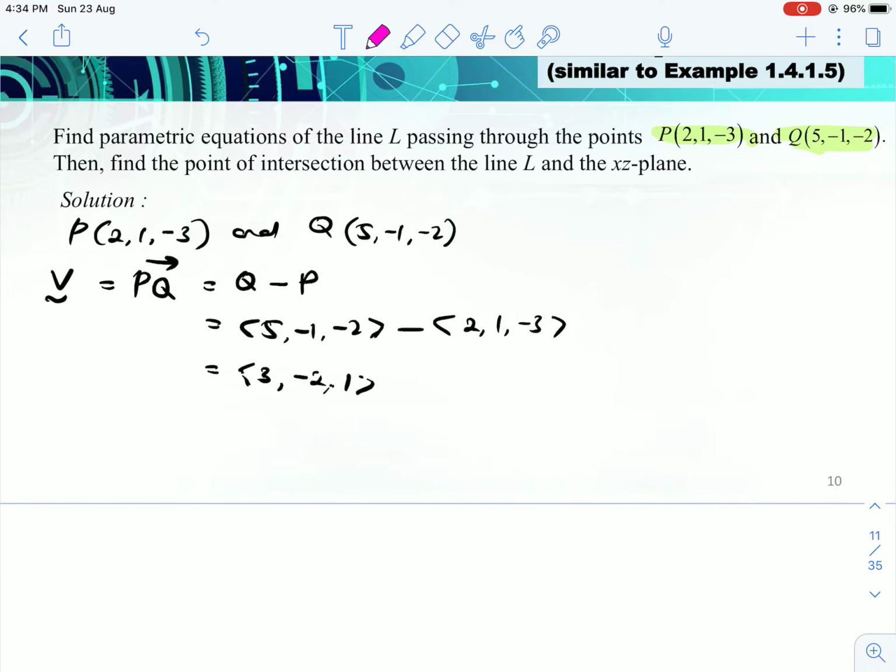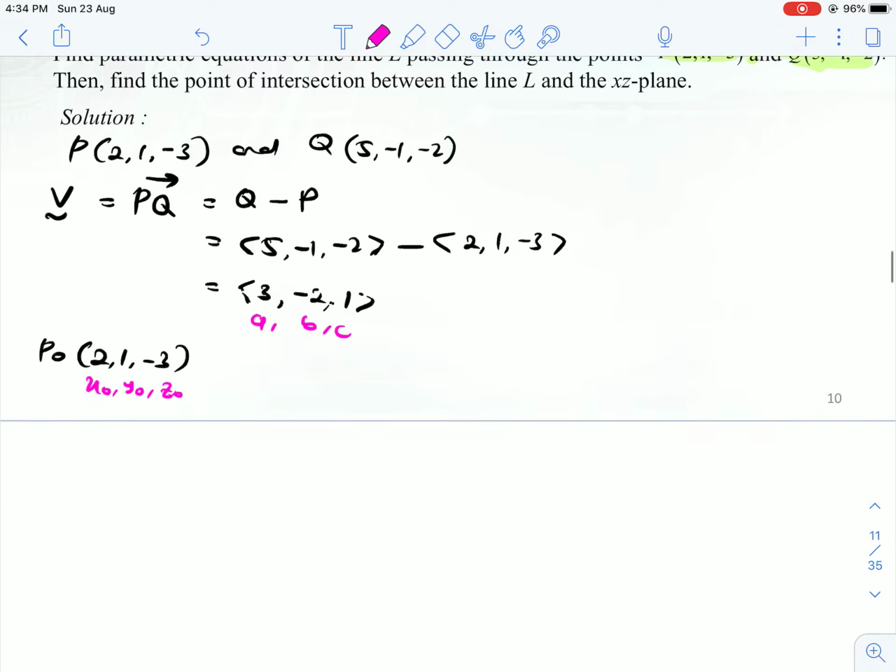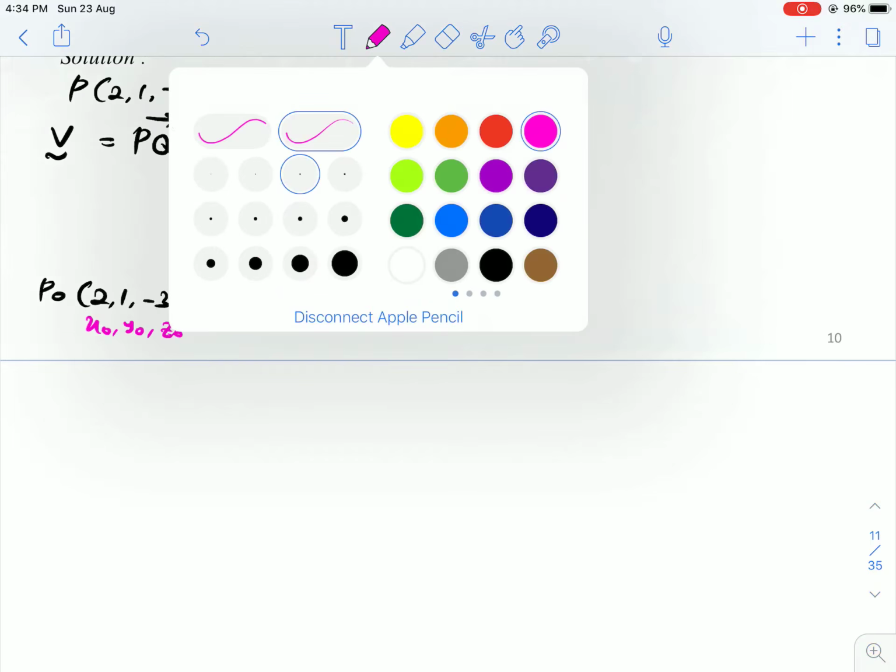So this is our A, B, and C. Let's just consider P0 as (2, 1, negative 3), so this is our X0, Y0, and Z0.